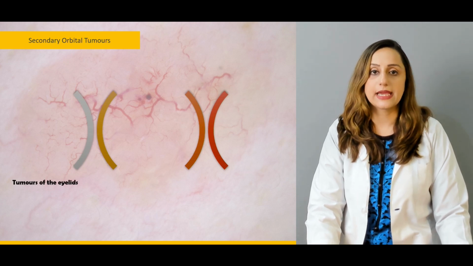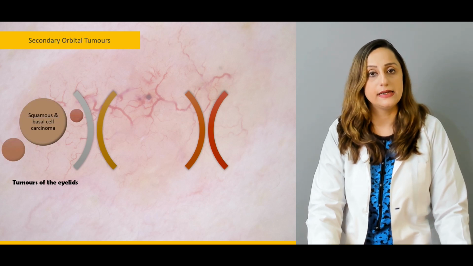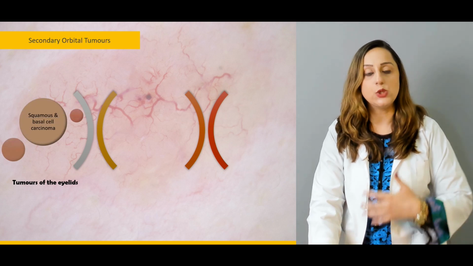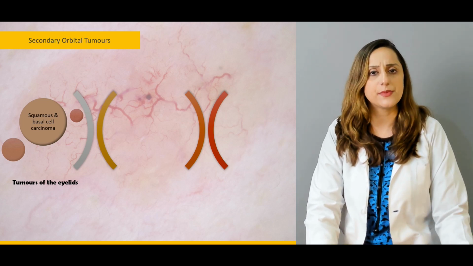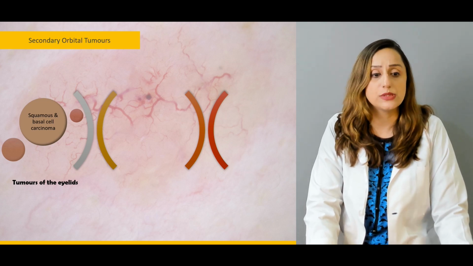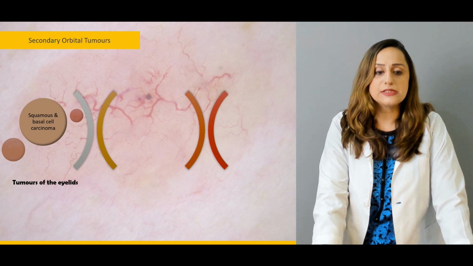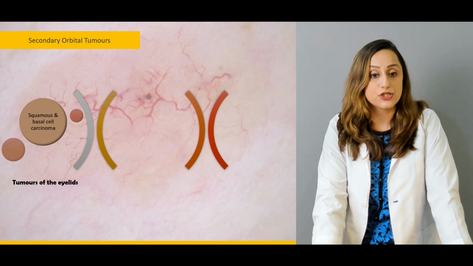Talking about the secondary orbital tumors, we know that the tumors of the eyelids, which can involve the lower or the upper eyelid, have their own pressure symptoms. They are irritative in nature. They can block or hinder the vision in the individual. The patient may be suffering from a squamous as well as a basal cell carcinoma.